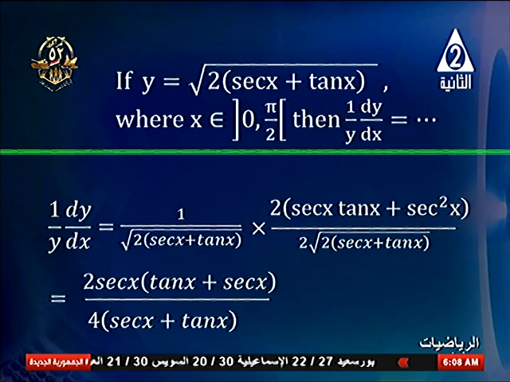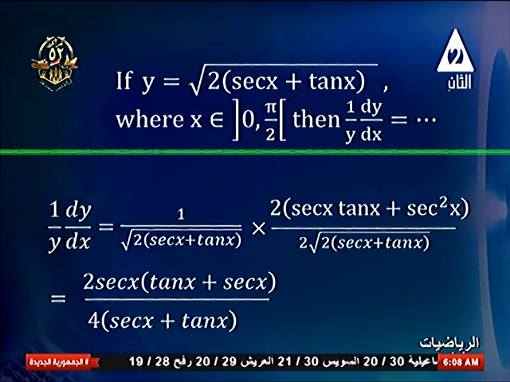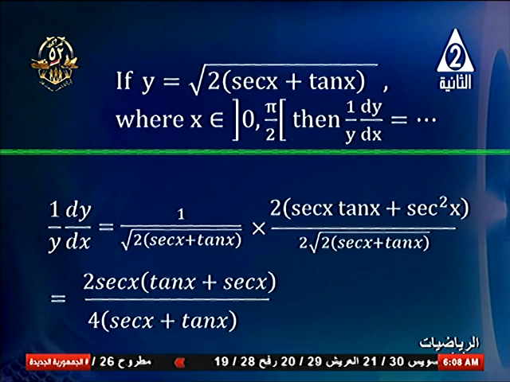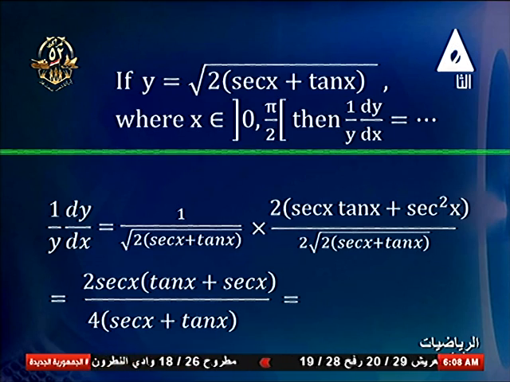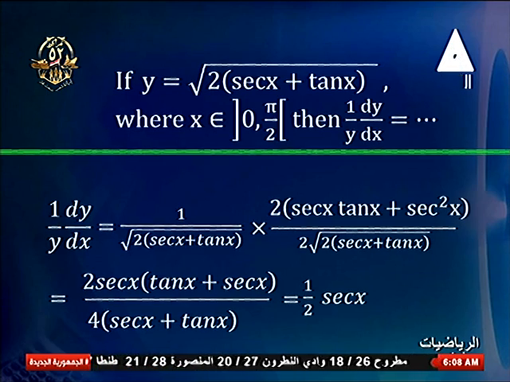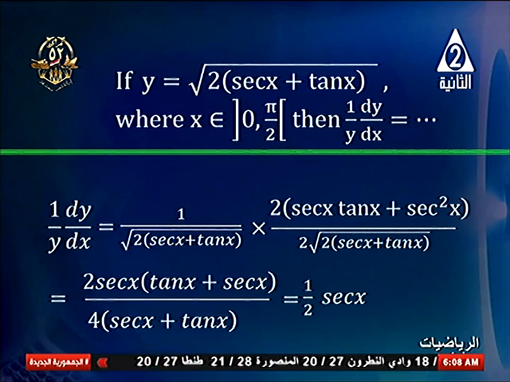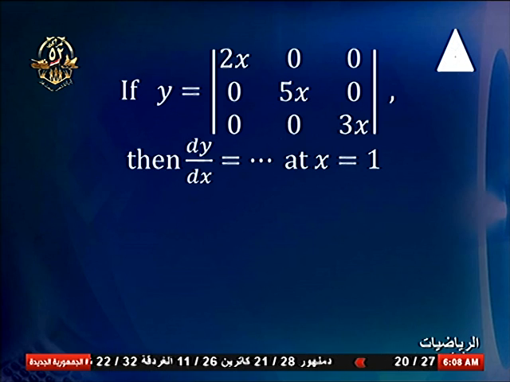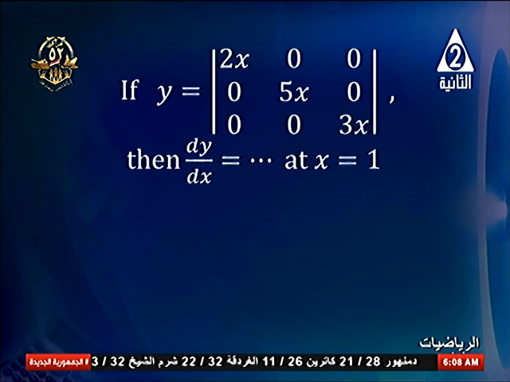Square root times square root gives the answer, so the final answer is 1 over 2 sec x. This is 1 over y times the derivative, sec x.